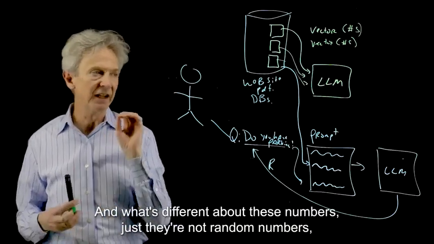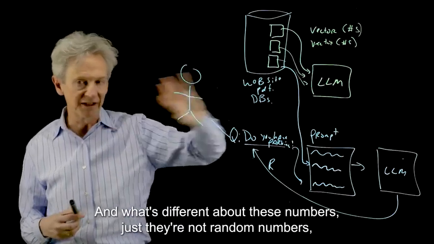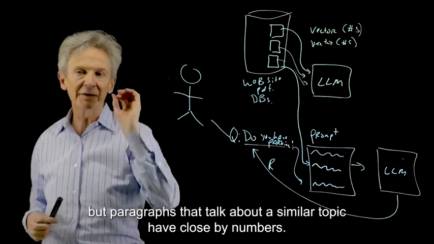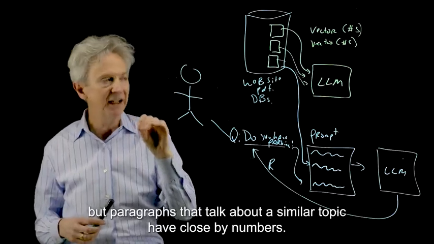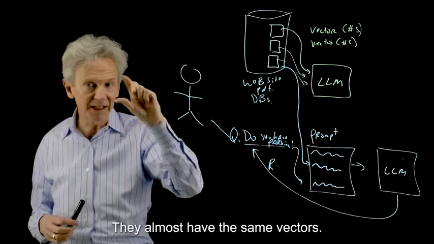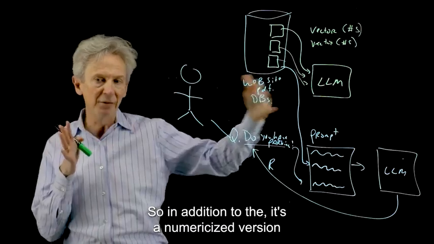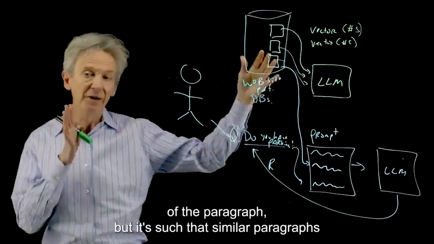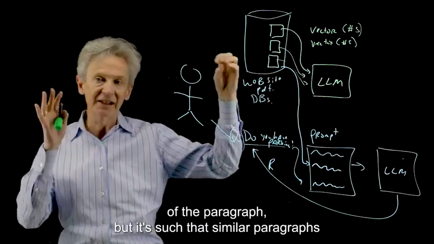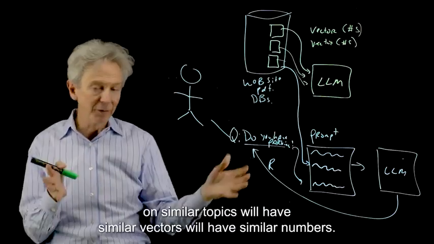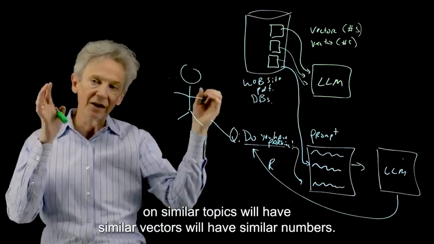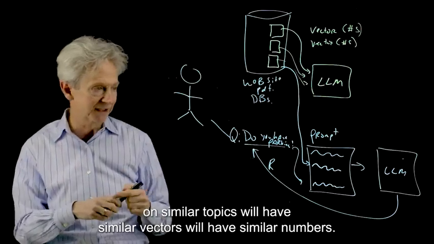And what's different about these numbers, they're not random numbers, but paragraphs that talk about a similar topic have close by numbers. They almost have the same vectors, okay? So in addition to it being a numericized version of the paragraph, it's such that similar paragraphs on similar topics will have similar vectors, will have similar numbers.